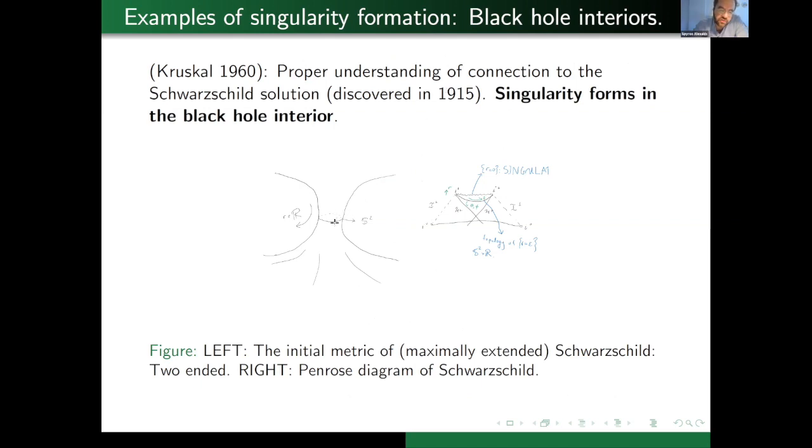Schwarzschild's original construction was a manifold with boundary, and there was a boundary right here. Kruskal's extension saw that the maximal extension you could do, in a certain sense, has initial data supported on a two-ended Riemannian manifold.